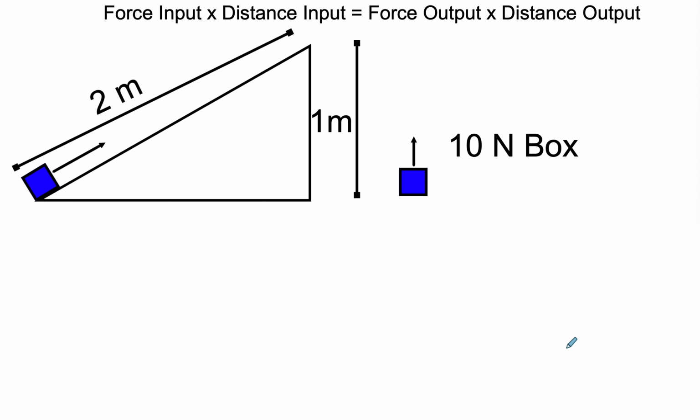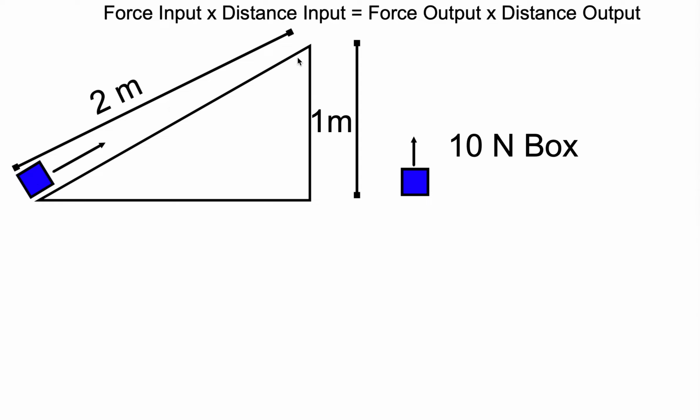Like let's look at an example right here with this box. So I have a 2 meter long ramp and the ramp is 1 meter high. Now I have 2 options. I could either take a box and I could lift it up, right, 1 meter to put it in its spot, or I could take that same box and I could push it up the ramp 2 meters.